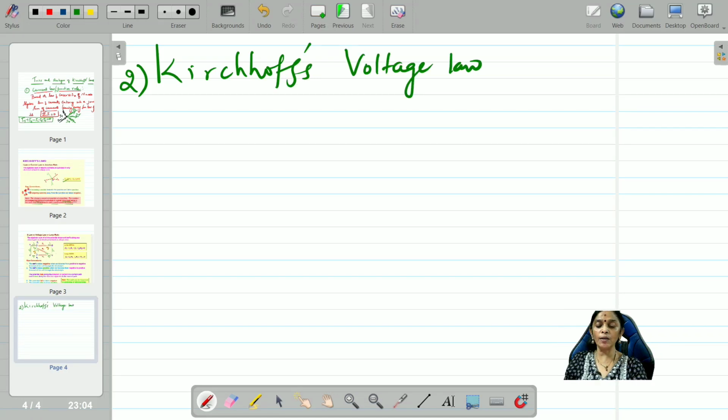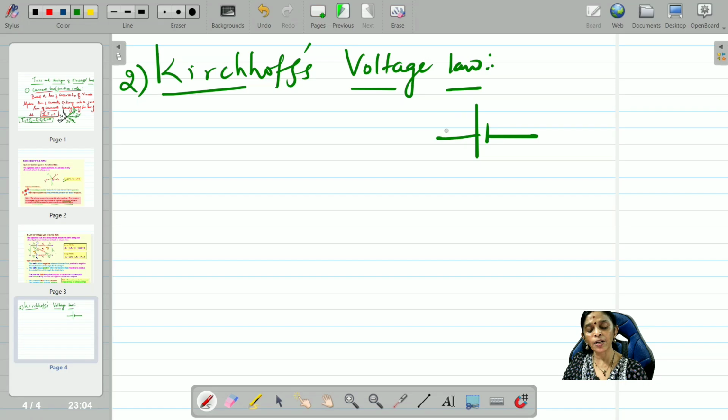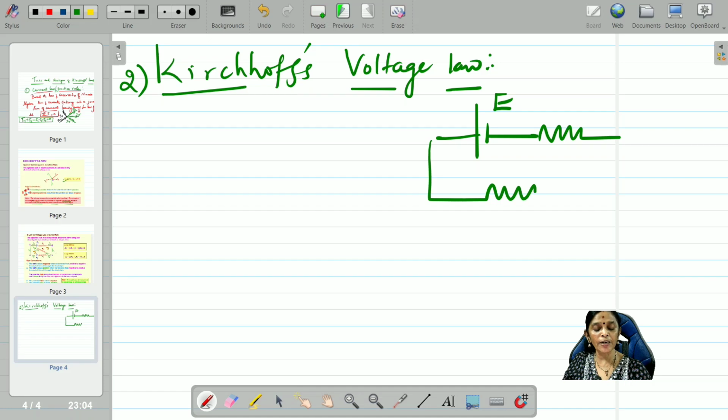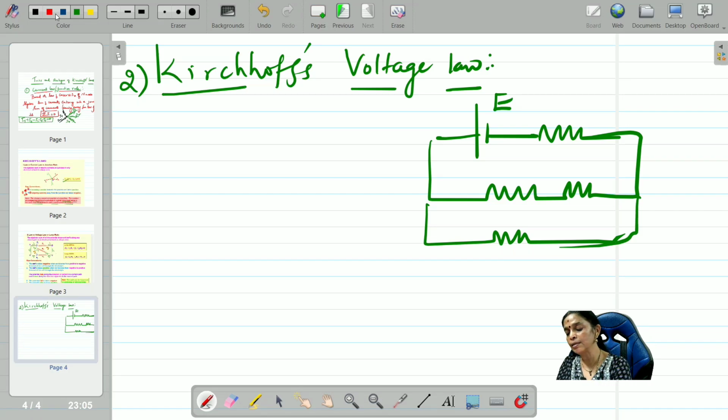The first law is based on current. Second law is based on voltages. For example, if you have a battery, from the battery, E voltage has been supplied. Whatever voltage has been supplied will be split up across the resistances. Suppose the resistances are R1, R2, R3, R4.